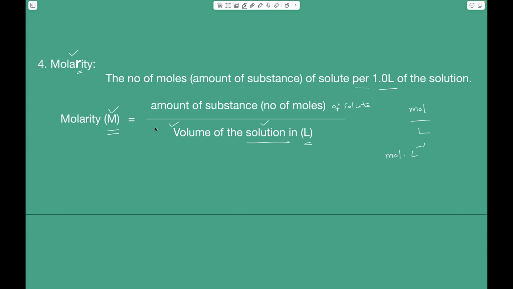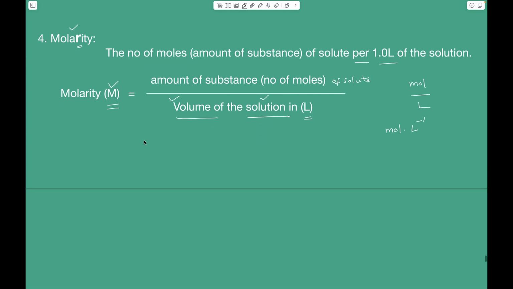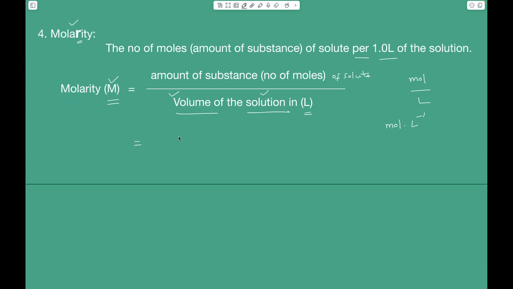Molarity is temperature dependent because the volume of the solution changes with temperature. Now let us denote the amount of substance of solute, or the number of moles of solute, with NB and the volume of the solution with capital V. Remember, it has to be in liters. So this is the expression for the molarity of a solution denoted by capital M.